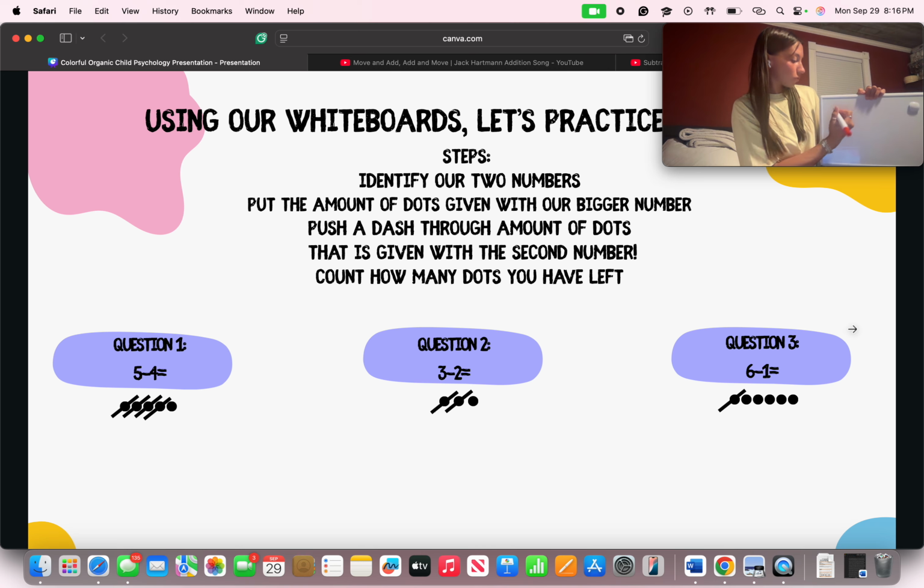So, for question 1, we have 5 minus 4 equals. We're going to put 1, 2, 3, 4, 5. Our number sentence tells us that we need to take 4 dots away. 1, 2, 3, 4. We're going to count how many we have left, which is 1. So 5 minus 4 equals 1.